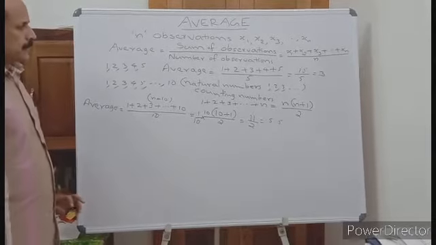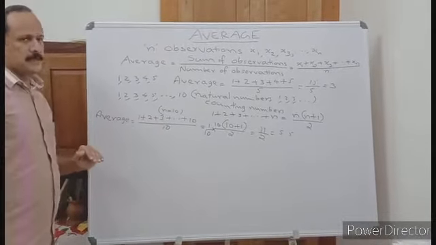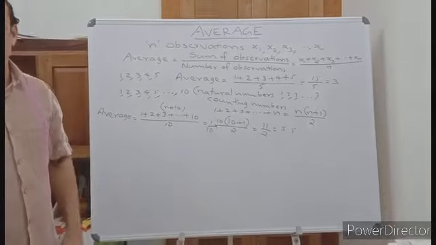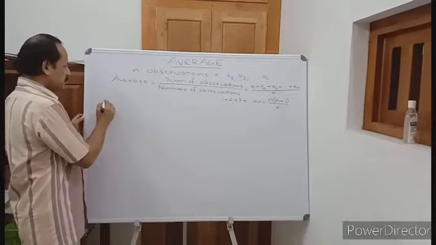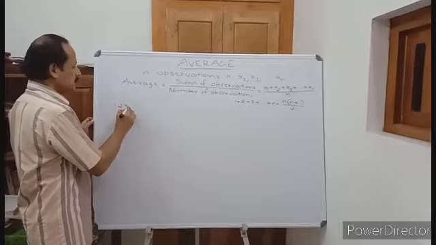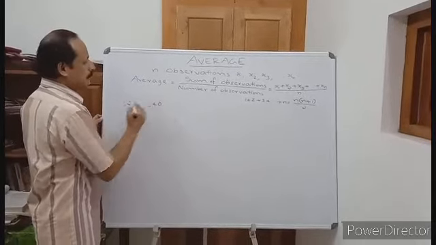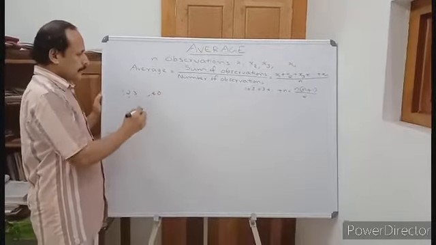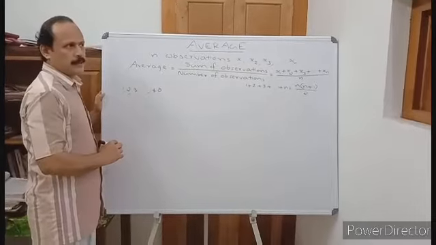10. And we go to the next example. 1, 2, 3 up to 40, and find out their average.